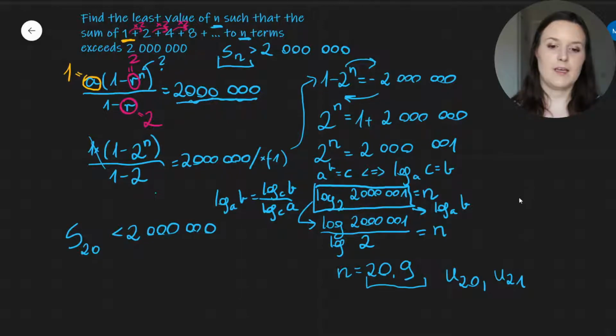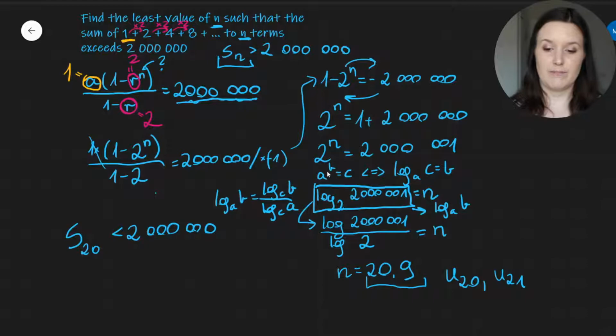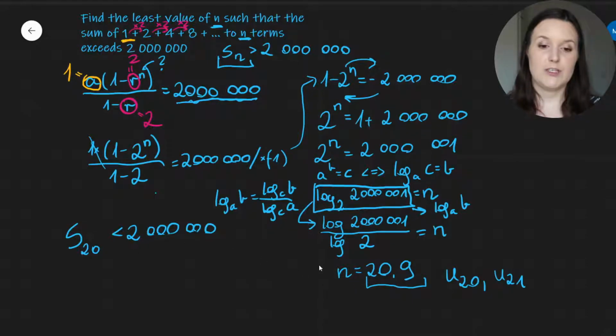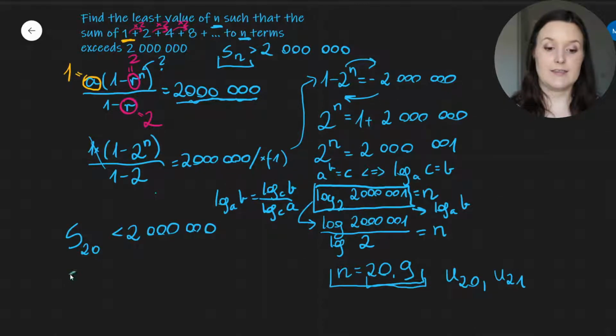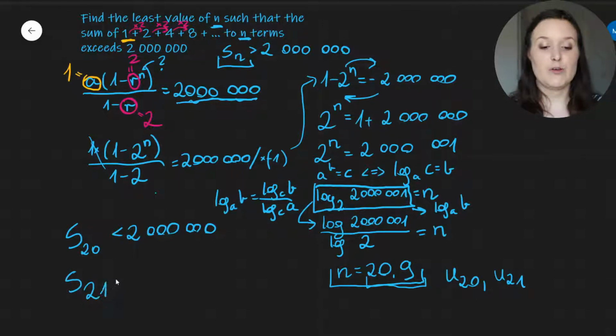Right? The more terms we take, the bigger the sum. For 20 terms, it wouldn't reach 2 million yet, because we know that it reaches 2 million for 20.9. But then that means that we have to take the next sum. The sum of 21 terms would be more than 2 million.